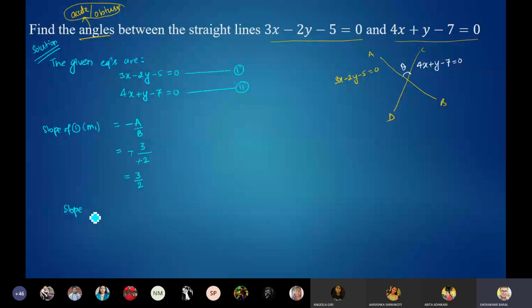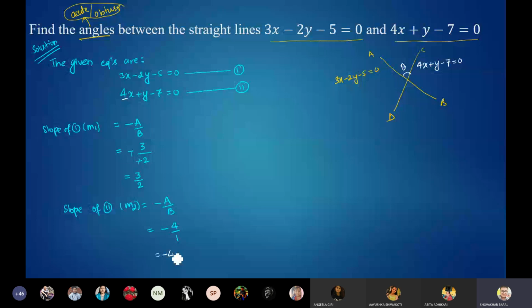Slope of 2, m2 is equals to minus a divided by b, and it will be equals to minus 4 by 1. I hope you understand this, because this a is the coefficient of x and b is the coefficient of y. The coefficient of x is 4 and the coefficient of y is 1. So the slope is minus 4 here.